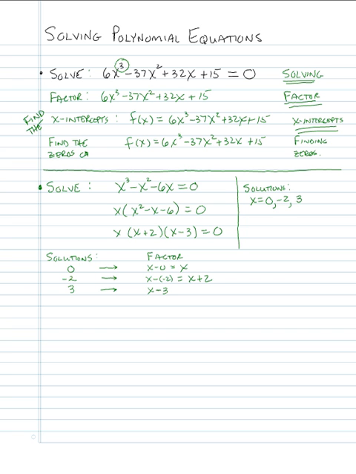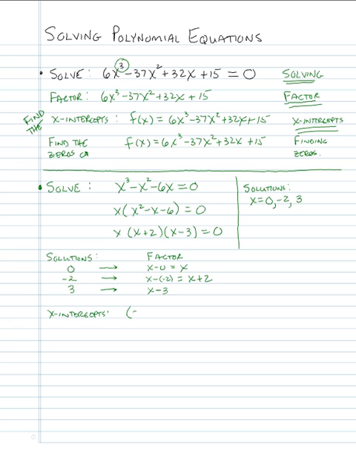If we wanted to find the x-intercepts of a polynomial, we would just set the polynomial equal to 0, wouldn't we? Now, x-intercepts are normally going to be labeled as points, and x-intercepts have a y value of 0.